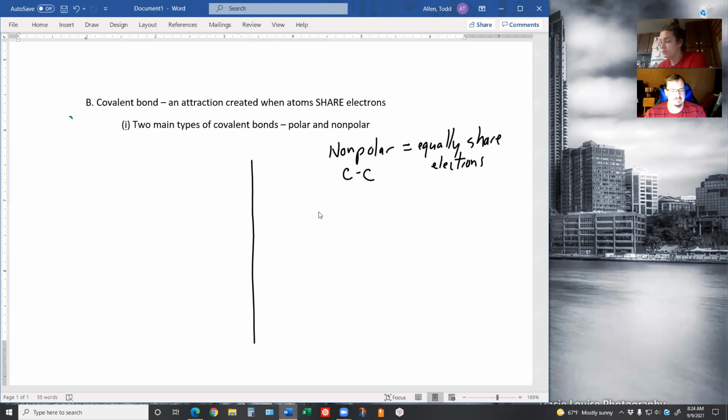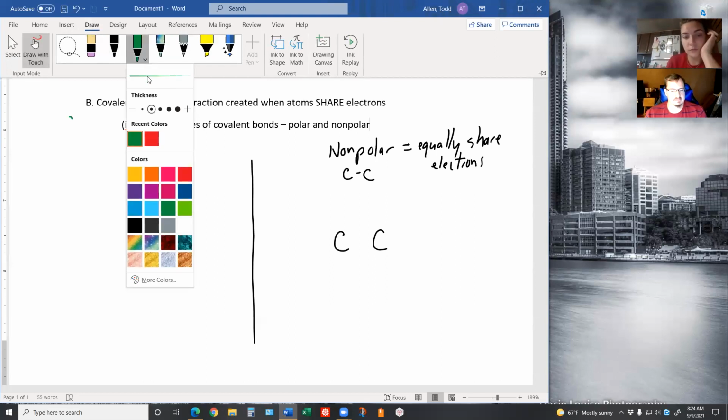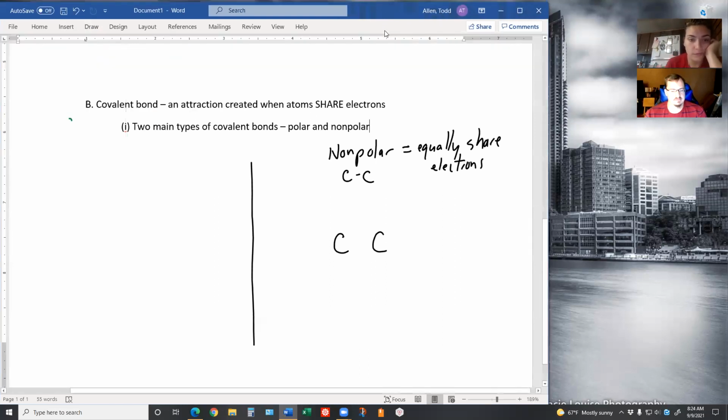If I have two carbon atoms that are going to share their electrons equally, and please give me a little bit of artistic license, because I'm a very bad artist, here's how I would roughly depict the motion of the electrons being shared between these two atoms.